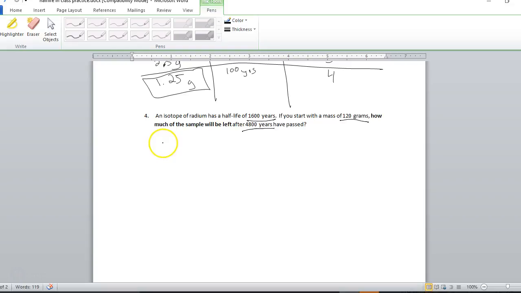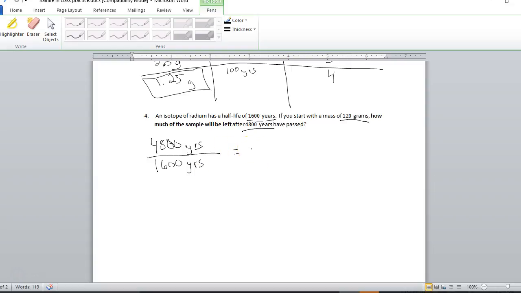So if you're not a fan of the chart method, and you're given two different time increments, you're going to put the total time, the bigger number, on top, 4800 years, divided by the time it takes for one half-life to occur. This will tell you how many total half-lives have happened.